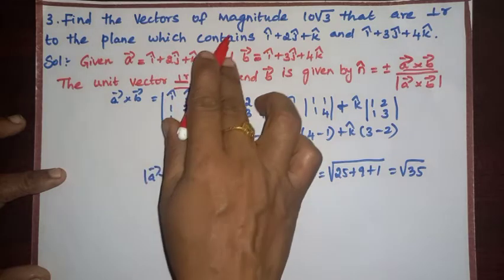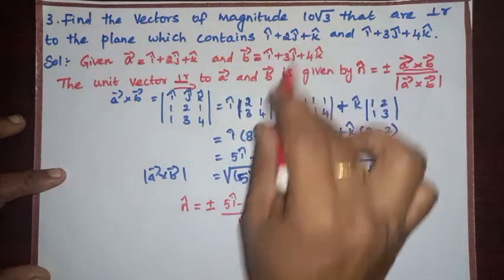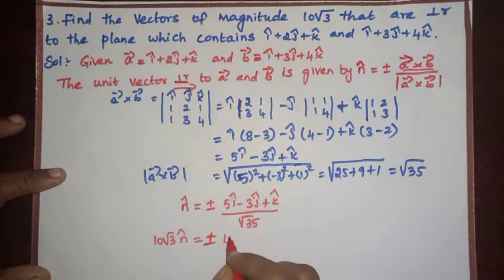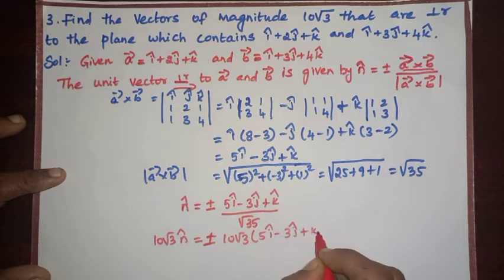Since the given magnitude is 10 root 3, then 10 root 3 n cap is equal to plus or minus 10 root 3 times 5i minus 3j plus k divided by root 35.